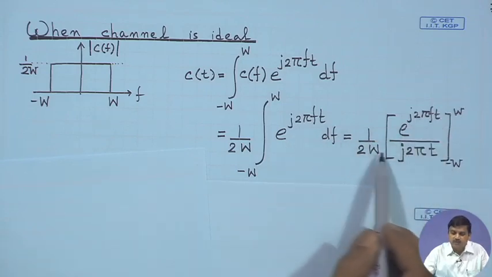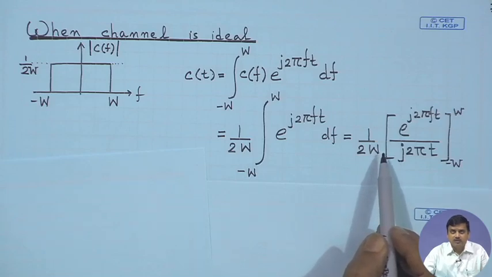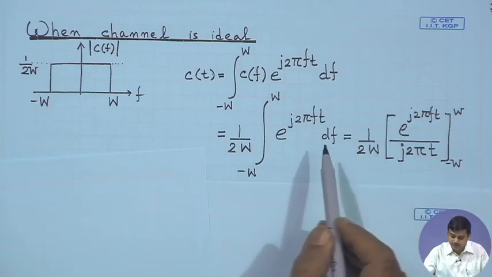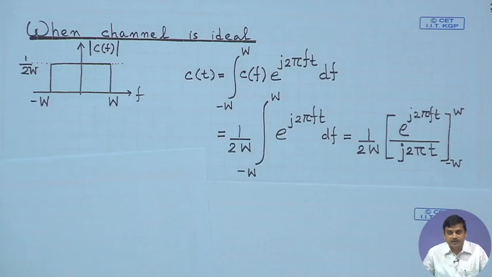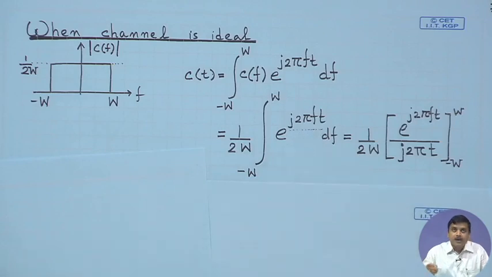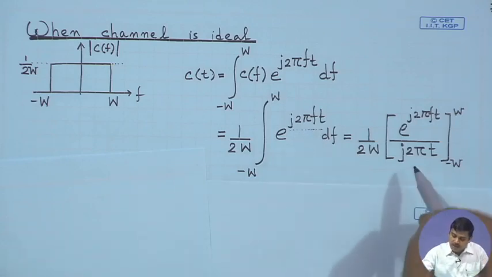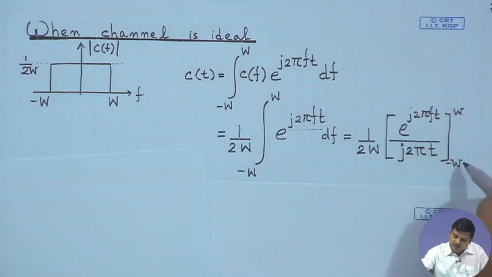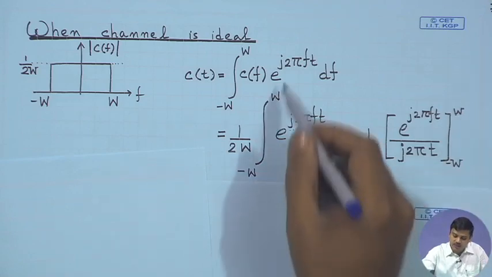This is due to the integral of e to the power of a x dx being e to the power of a x upon a, which is what we have used over here. This has to be evaluated at W and taken away at minus W, that is the limit of it.